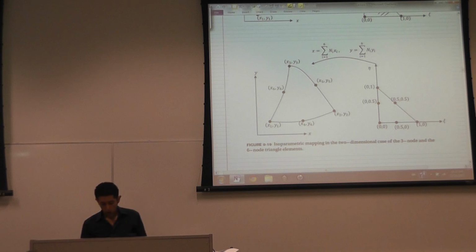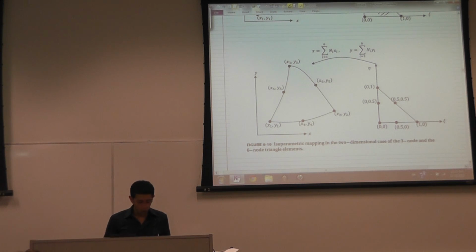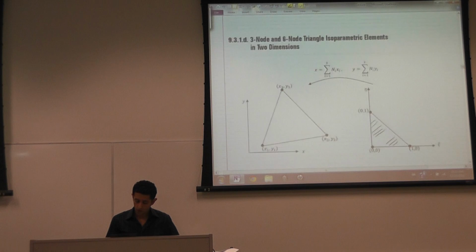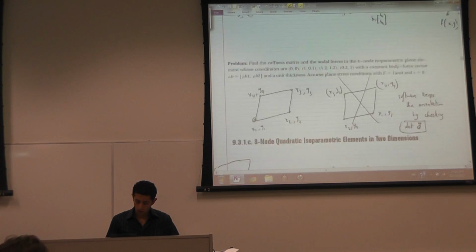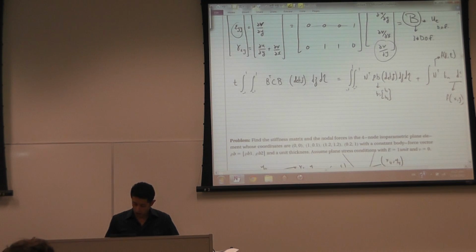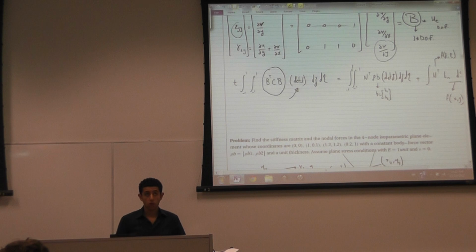So now what we need to do is solve the last issue, which is the integration. So I'm going to go up again. And look at this. I want to be able to integrate this that has the determinant of J in it from -1 to 1, -1 to 1 on a domain d xi d eta.